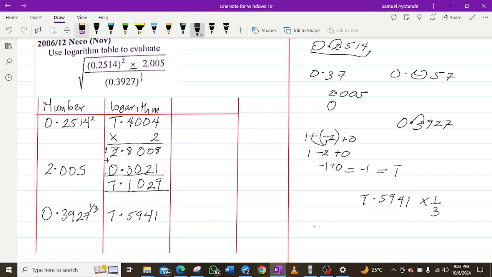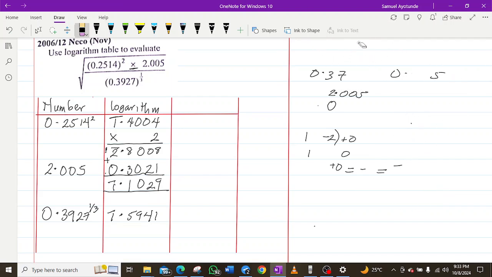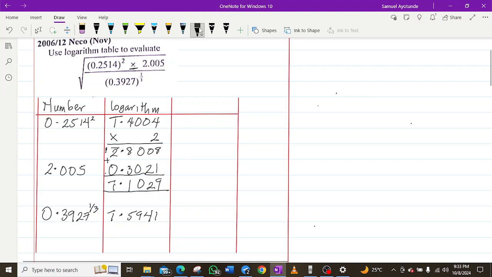I need to rub off something so that I can have enough space. So I have 1 bar 0.5941 times 1 over 3, because it is power we multiply.